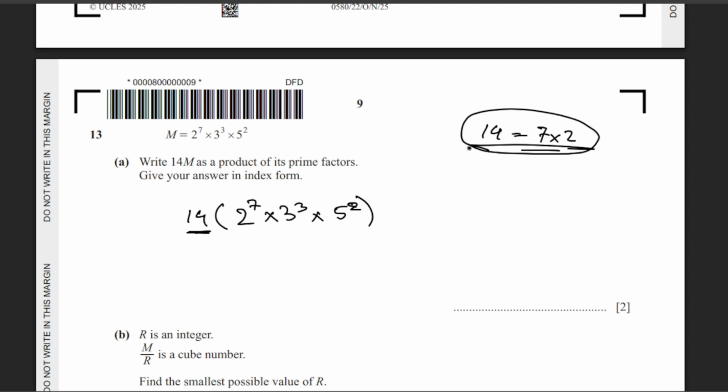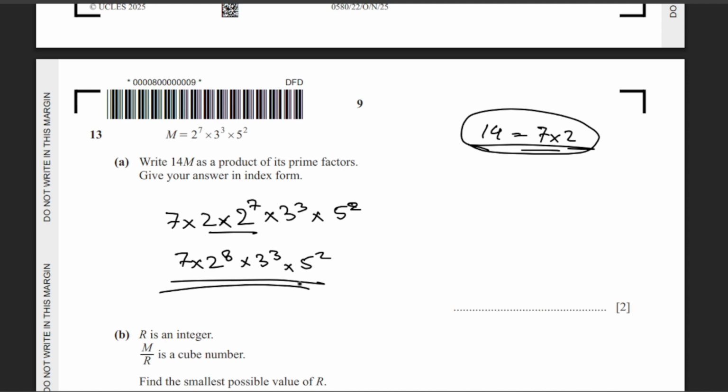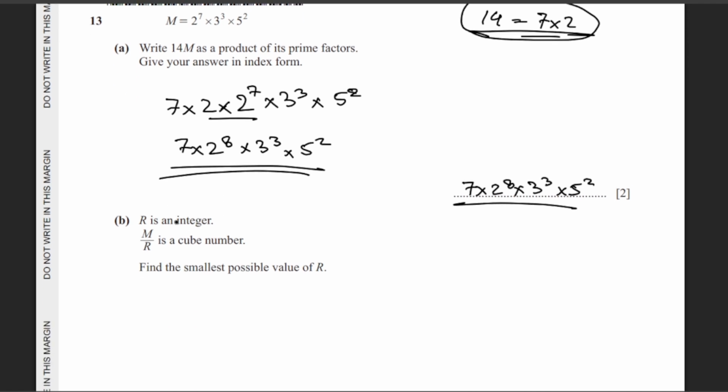So we can just substitute this prime factor value into this, and we would get 7 times 2 times this. Since we have another 2 over here, we can compile that into 2 to the power of 8. The rest will be the same. So this is our final answer: 7 times 2 to the power of 8 times 3 cubed times 5 squared. These are the prime factors.